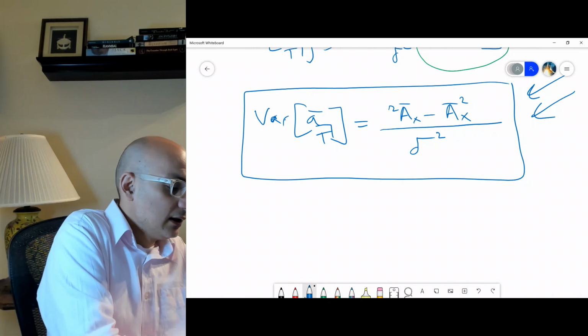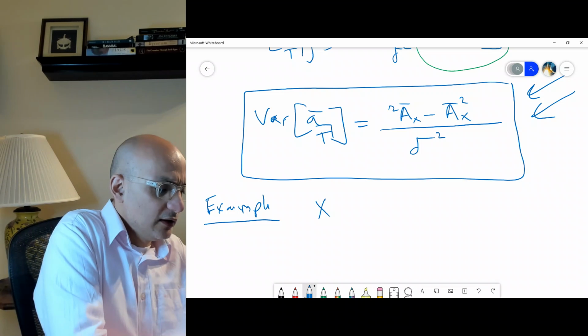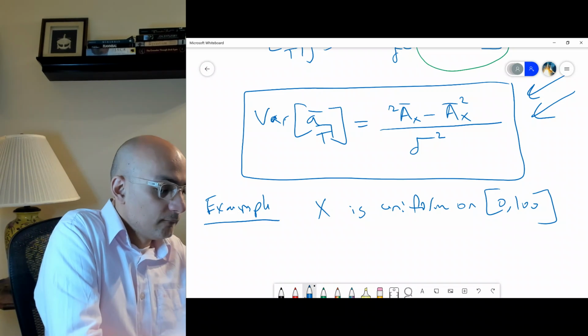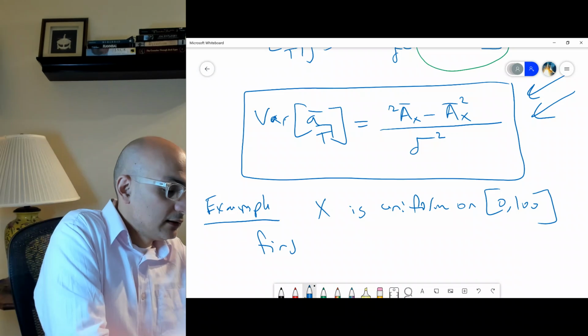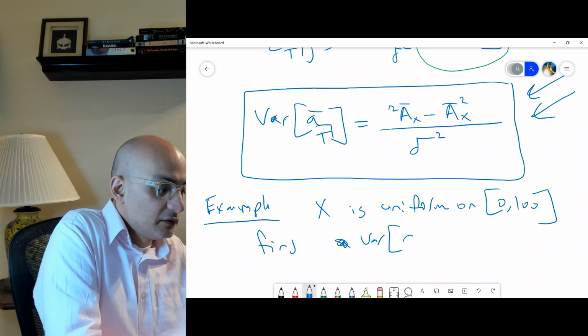Let's take example 1. And again, let's do the uniform. And now we need to find the variance of the life annuity. Or let's define it.